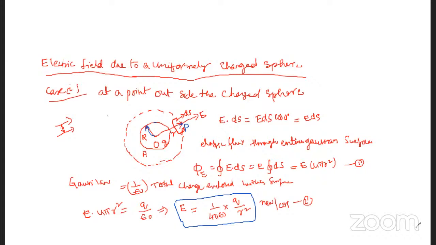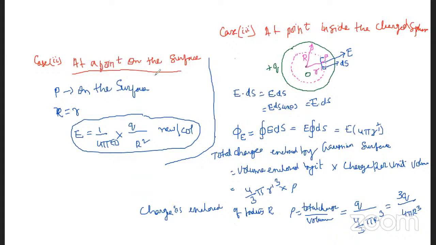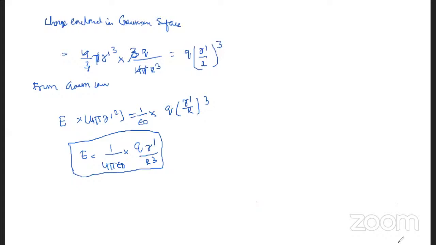Next, for a point on the sphere we got E equal to 1 by 4 pi epsilon naught q by r square. And in the third case, for a point P located inside of the charged sphere, we got the electric field E is equal to 1 by 4 pi epsilon naught into q r dash by r cube.